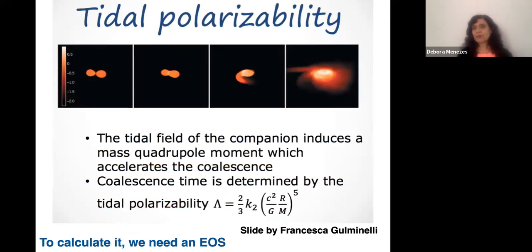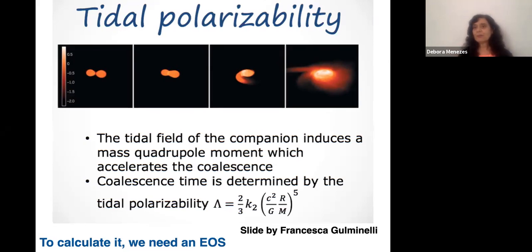Another important constraint comes from this incredible event, the gravitational wave detected in 2017, and here we have what happens to this binary system. The neutron stars are orbiting around each other, and then they finally merge. When this happens, there is a tidal field induced by the quadrupole moment, and we can calculate that.